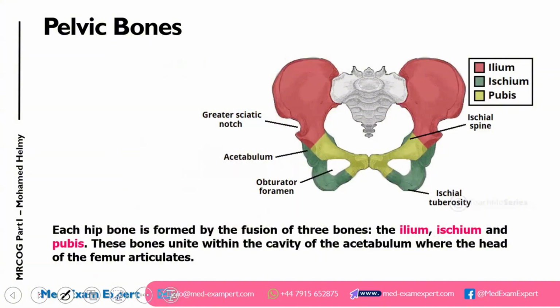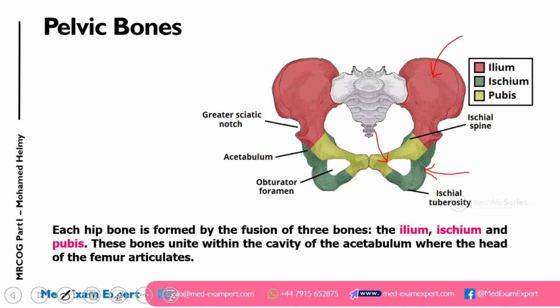So each hip bone is formed by the fusion of three bones. These bones are the ilium, the ischium, and the pubis. The ilium in the red color, the ischium in the green color, and the pubis, which is in the yellow color.